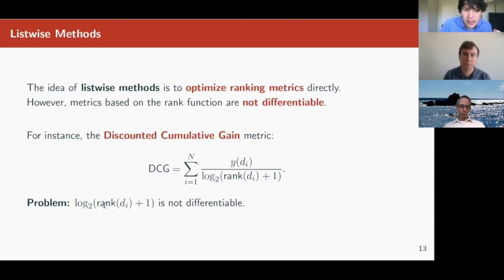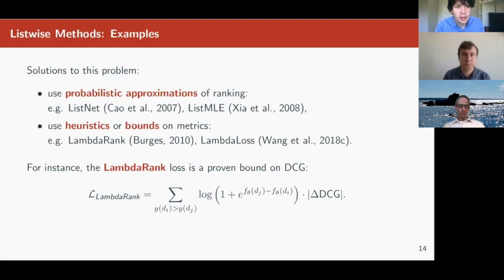In particular, this ranking function is something that we can't just differentiate. So we can't use something simple like stochastic gradient descent. Because of this, these listwise methods mainly look for solutions to this problem of how do you optimize these discrete ranking functions. And there's several ways.